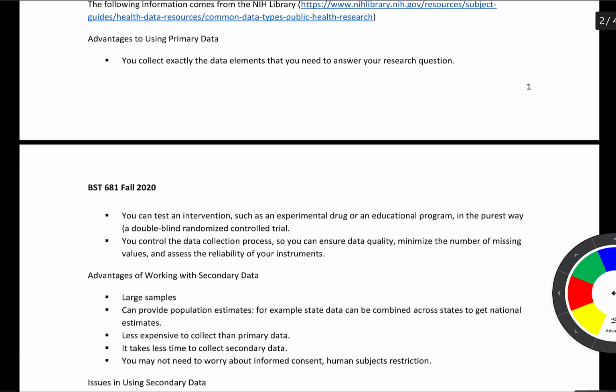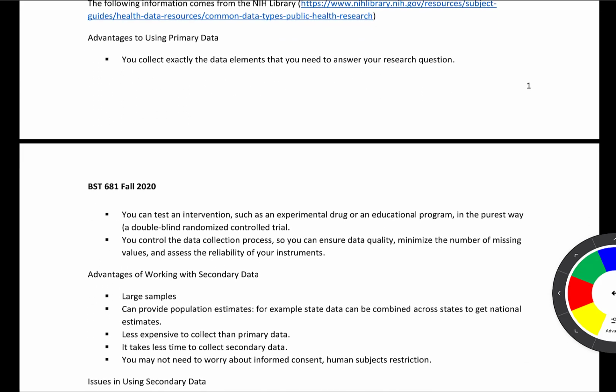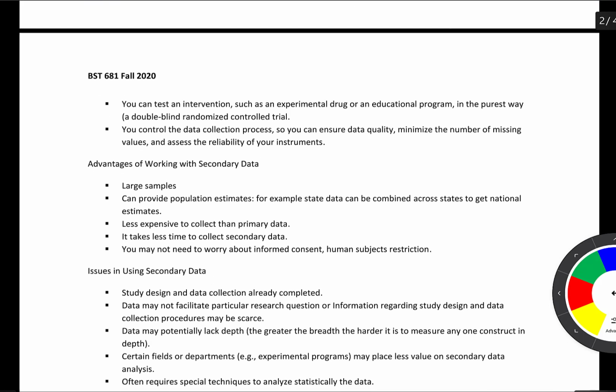So we're going to look at some advantages of using primary data. An advantage to using primary data is you collect exactly the data elements that you need to answer your research question. In other words, you're going to have more control over what is being collected. You can test an intervention, such as an experimental drug or an educational program, in the purest way, such as a double-blind randomized controlled trial.